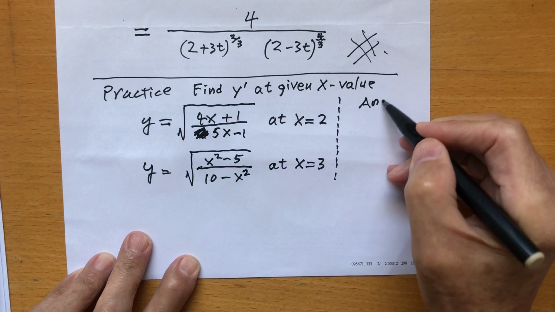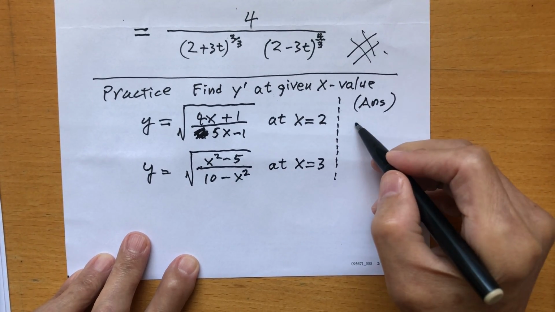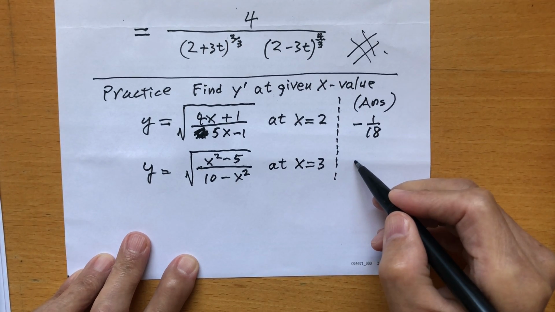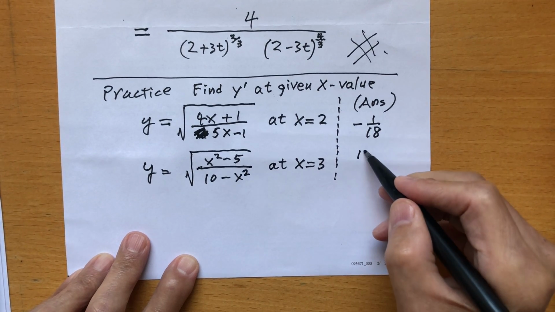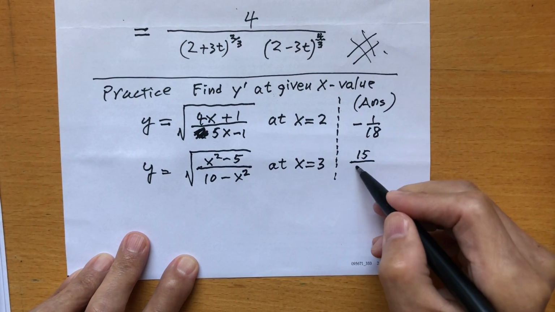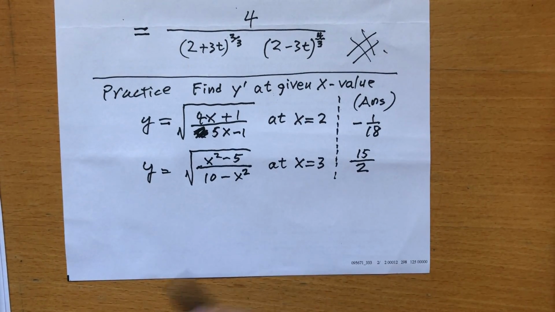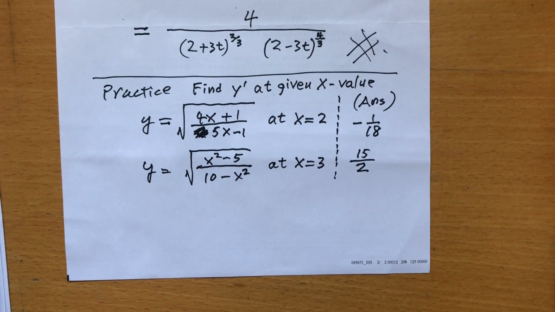The first one is negative 1 over 18. The second one is 15 over 2. Okay? So practice these two practice questions, all right?